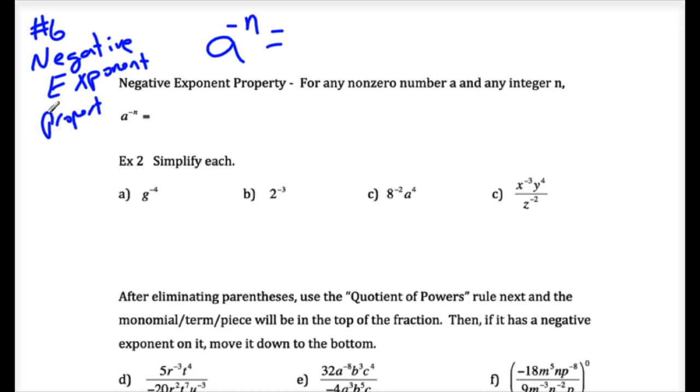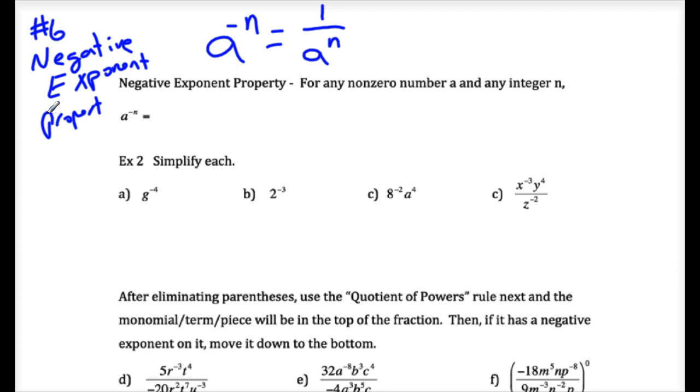Divided by n? Or no, like, divided by a to the 1, no. 1 over a to the n. 1 over a to the positive n power. Oh, I remember that. 1 over. That's how you make your exponent positive. You drop it down into the bottom part of a fraction.